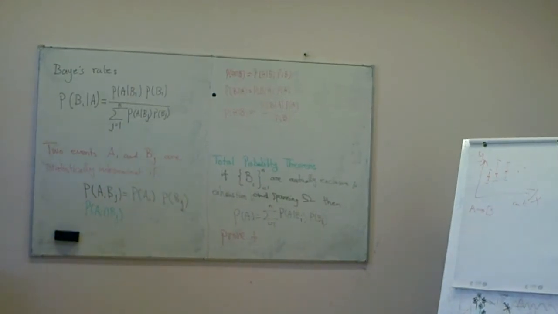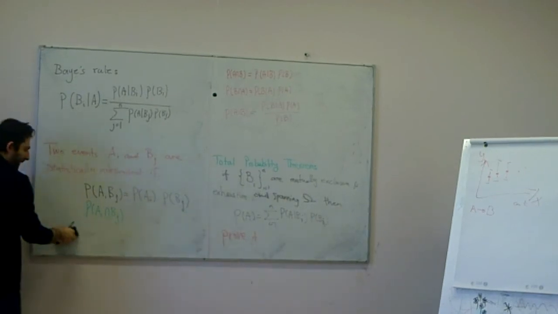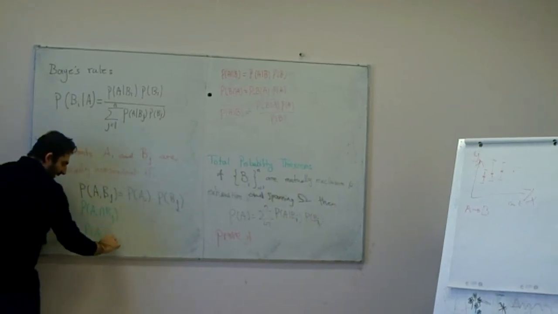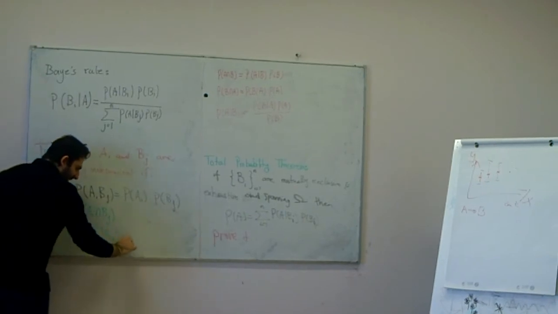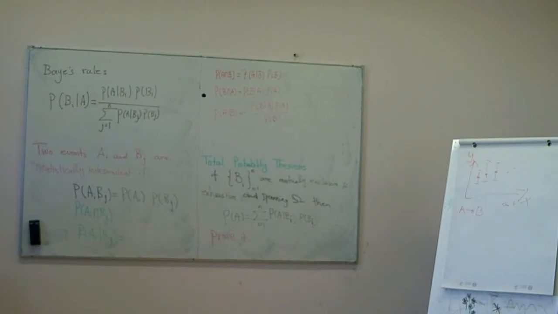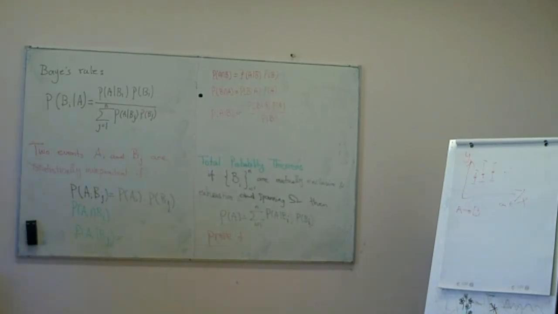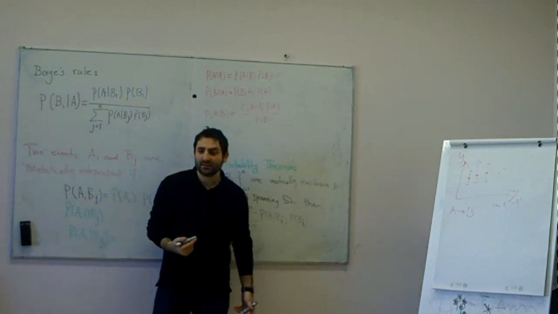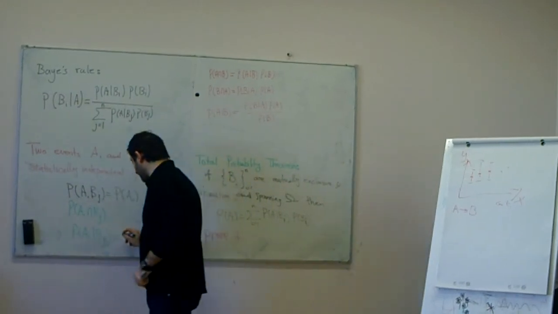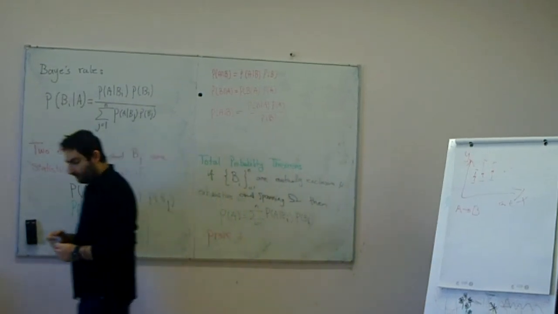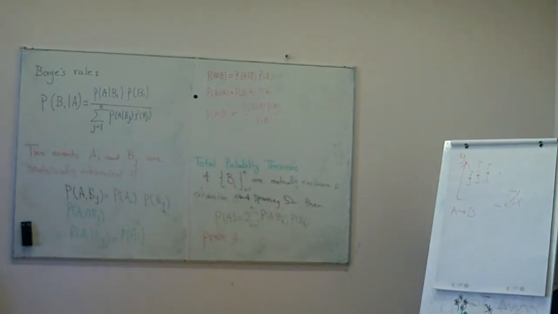Another form of writing it is P(Ai given Bj). If Ai and Bj are statistically independent, the probability of Ai given Bj is P(Ai). Why?